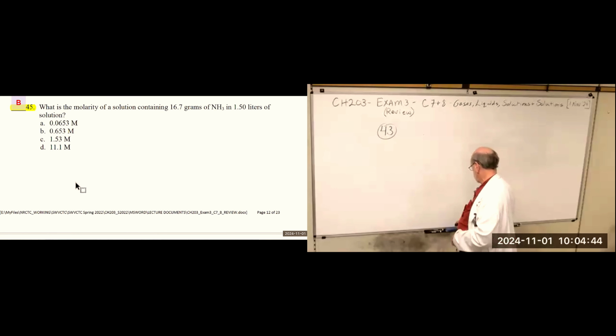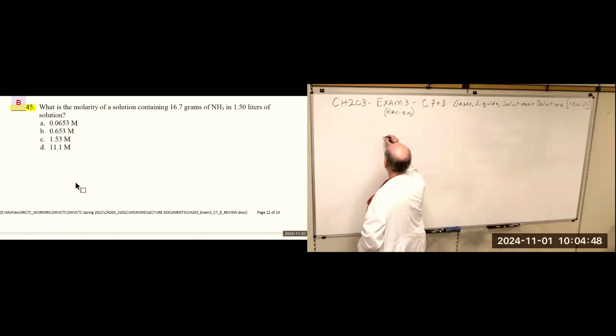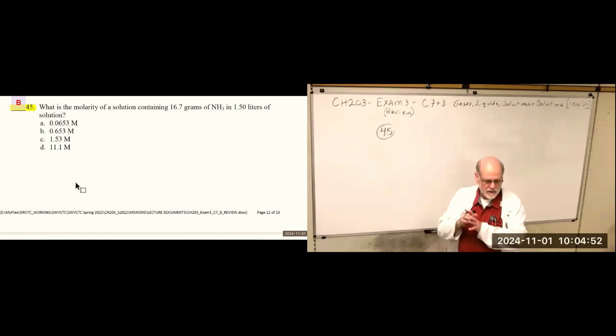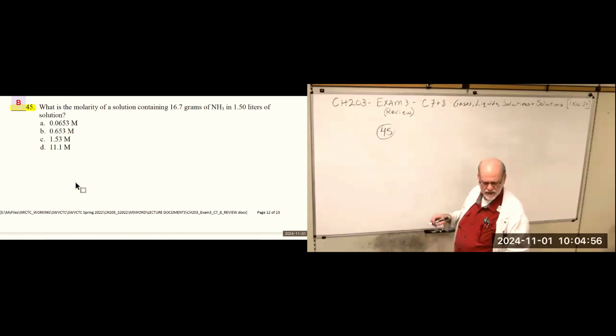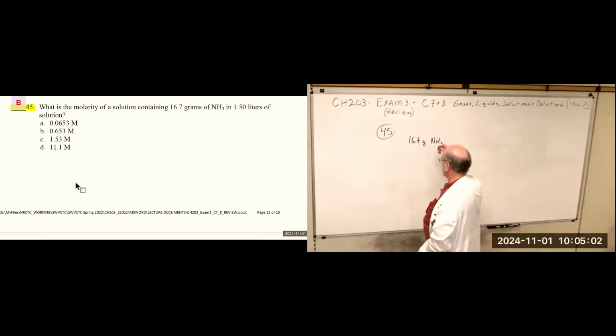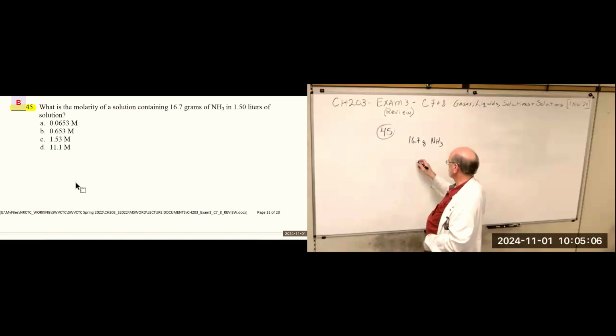All right, 45. What is the molarity of a solution containing 16.7 grams of ammonia and 1.5 liters of solution?